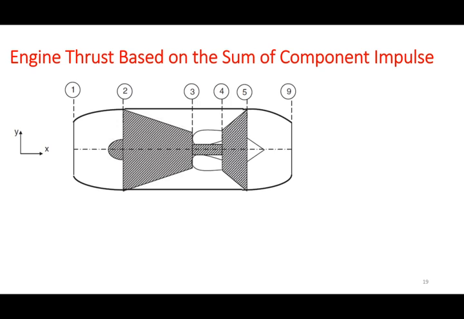Then we are showing the main ones here: the inlet stage, the compression stage, the burner stage, turbine stage, and after the turbine stage we call it the afterburner stage, right? And for each stage, we can have a thrust for the inlet condition of each station, and the outlet condition.